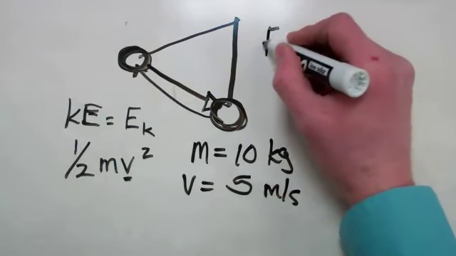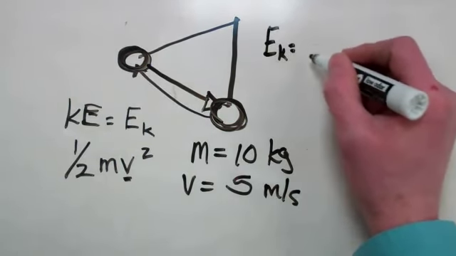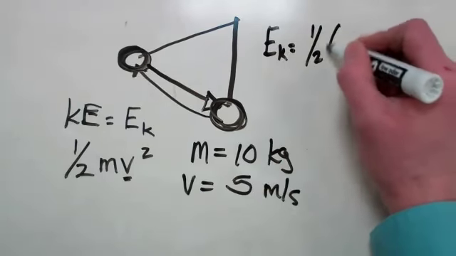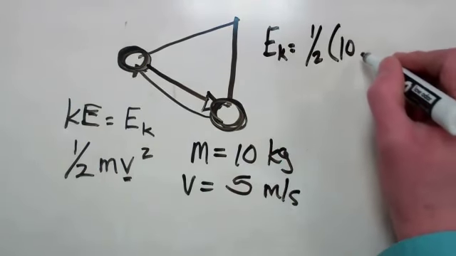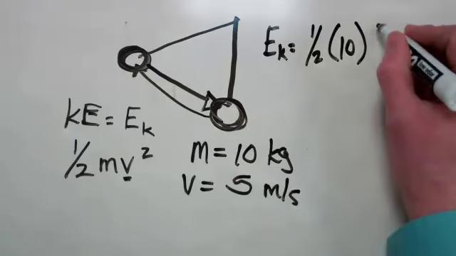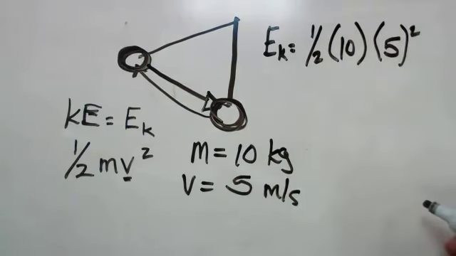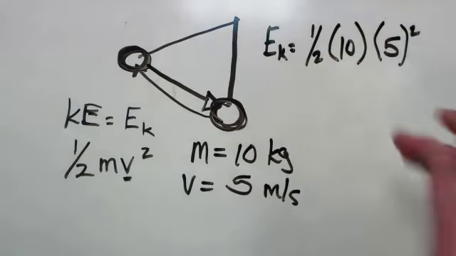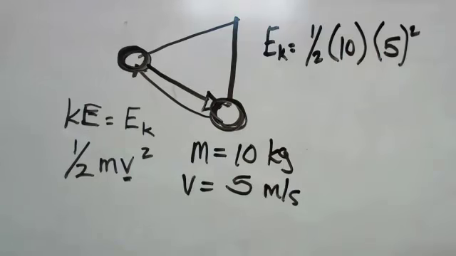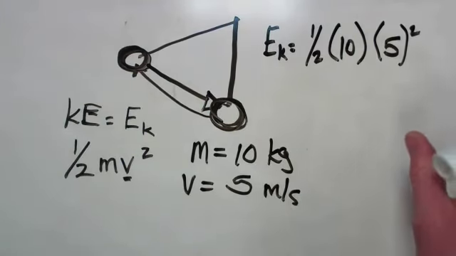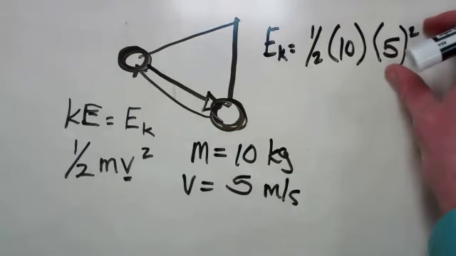We'll have the kinetic energy is equal to half the mass, which is 10 kilograms, times the velocity squared. I like to treat this as two different pieces, and it helps me to follow PEMDAS, the order of operations. So I know with PEMDAS I need to do parentheses and exponents first.